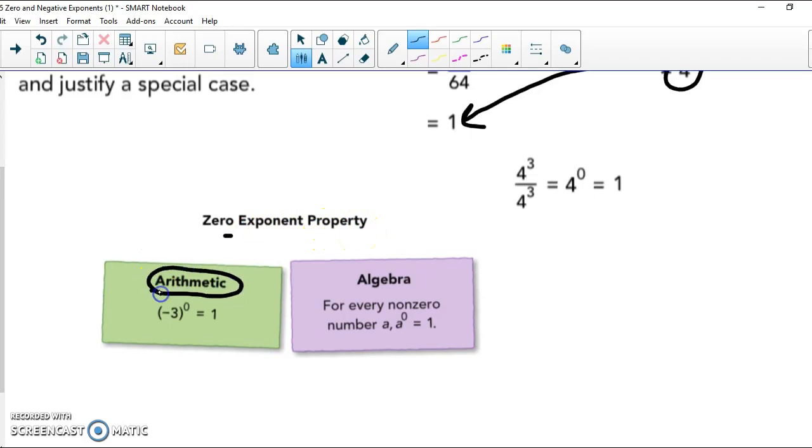In arithmetic, or just looking at it with numbers, it looks like this. A base of -3 raised to the 0 power equals 1. In algebra, when we're looking at it with variables, for every non-zero number a, so as long as a itself is not 0, our base isn't 0, when we raise it to the 0 power, we also get a value of 1.